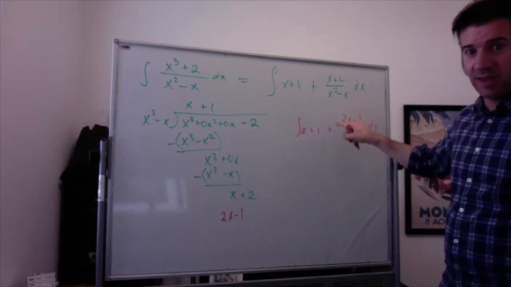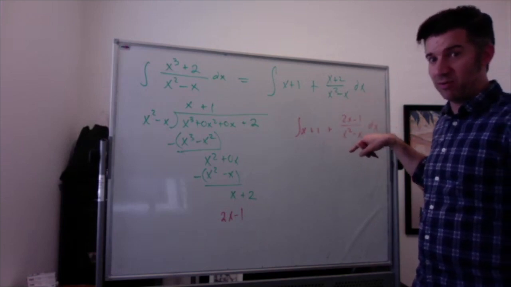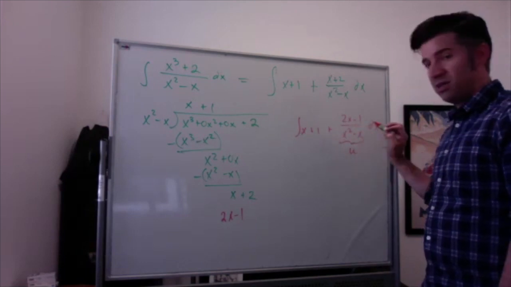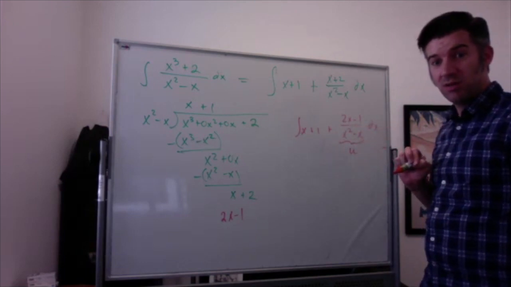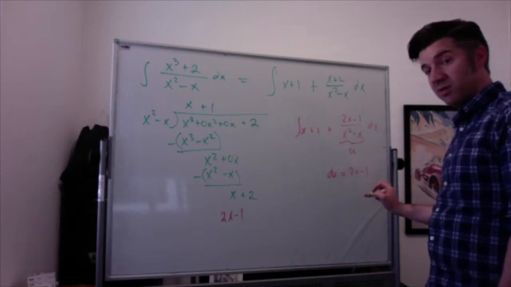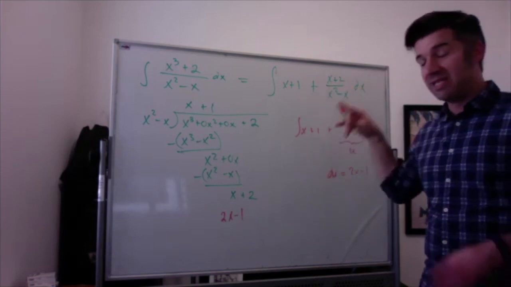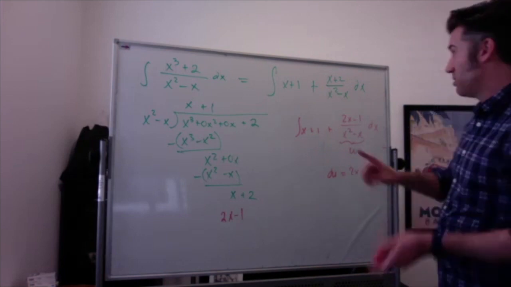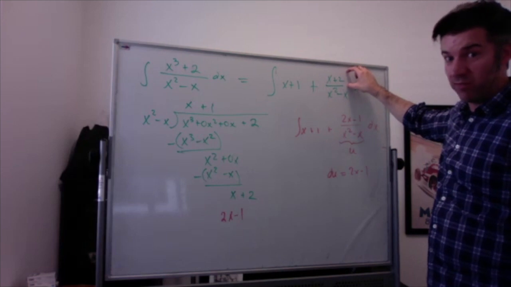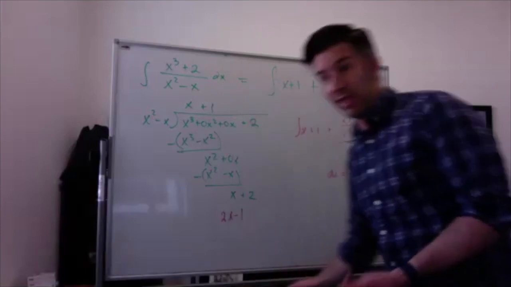Do you see anything we could do for 2x minus 1 over x squared minus x that doesn't require partial fractions? Maybe a U-substitution? If u is x squared minus x, du is 2x minus 1. That's not what we have here, but I've seen people write problems like that so that the top is exactly the derivative of the bottom, and you can just do a U-sub. It does happen sometimes.